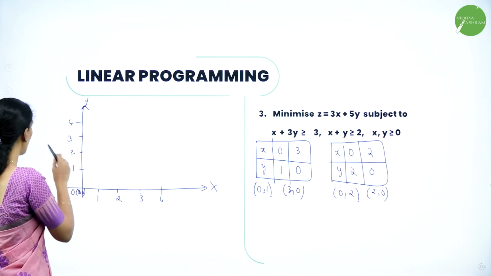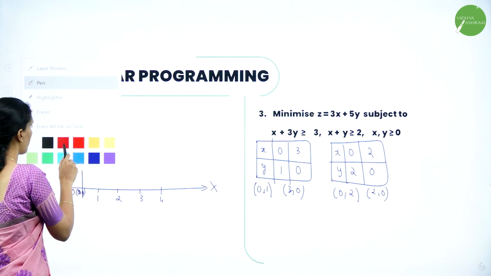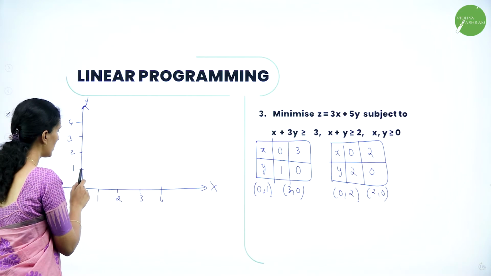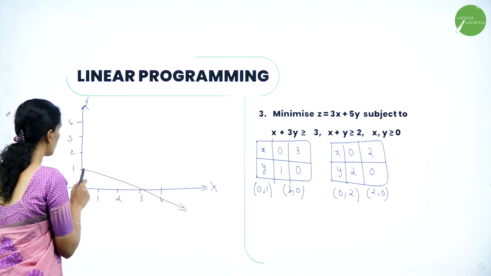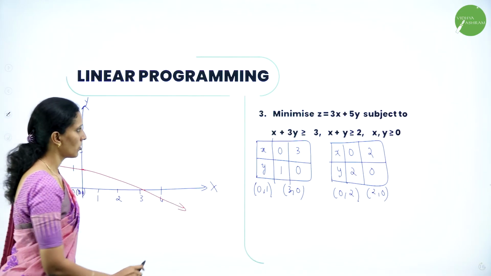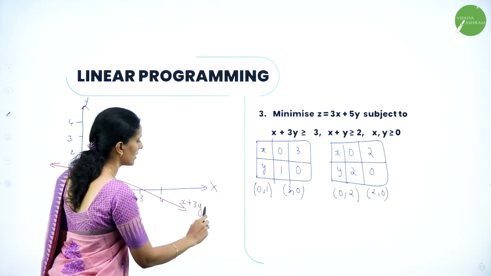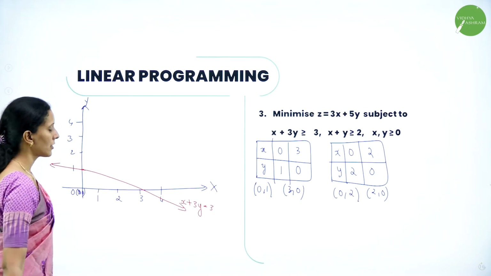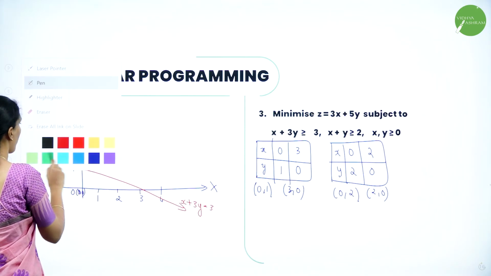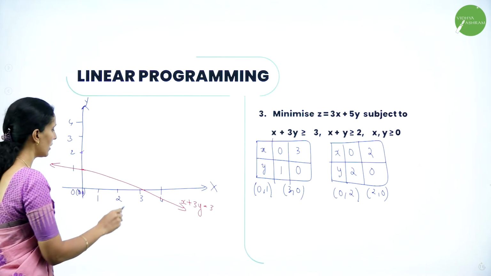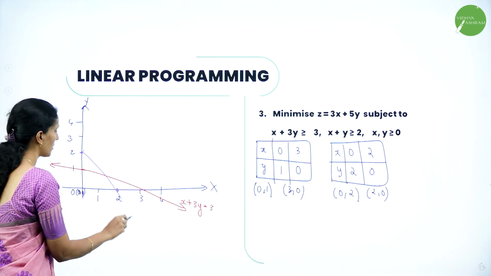First one is 0, 1 here. Next is 3, 0 here. So the straight line joining these two points. What is the equation of this line? x plus 3y is equal to 3. Next, the points: one is 0, 2, another one is 2, 0. So this is the point.